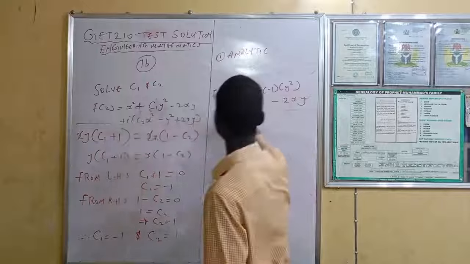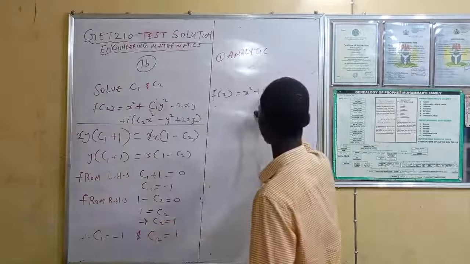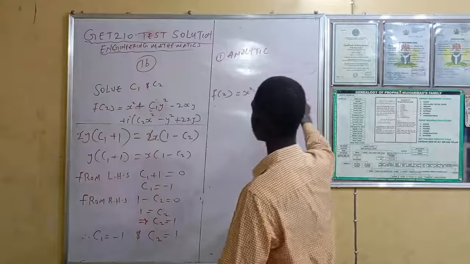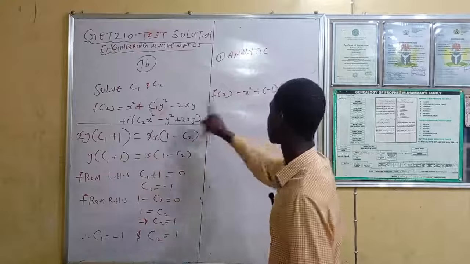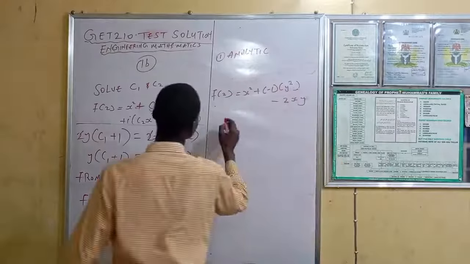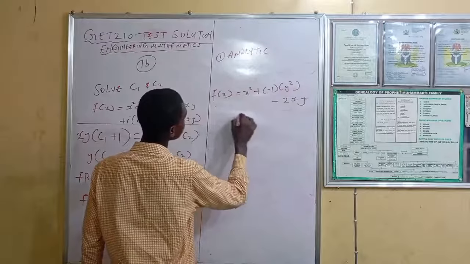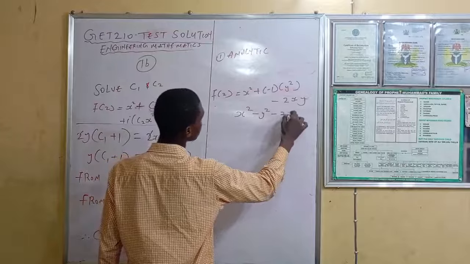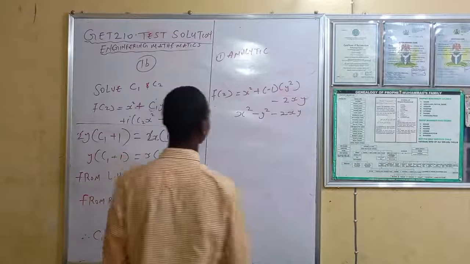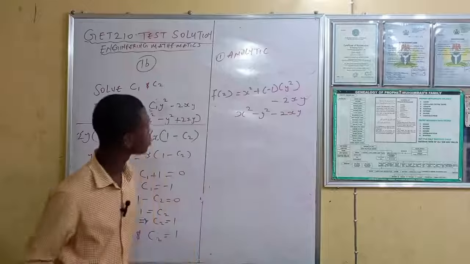Plus, this is still plus. We've calculated c1 to be minus 1, that's why we substituted it here. Y squared, this is still it. Minus, this is minus 2x and y. Meaning, by the time you multiply this, you're having x squared minus y squared minus 2xy. Are we together? So let me rub off this.